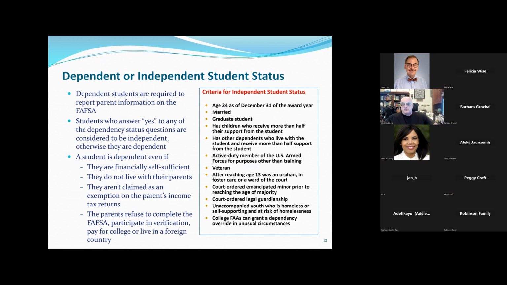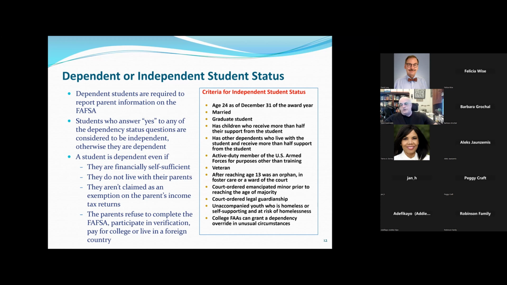Now, you might hear about an old rule that in 1992 and before, a student could be considered independent if they earned at least $4,000 a year and were not claimed on their parents' federal income tax return for 2 years. This was called the Bright Line Test. It was prone to abuse, so Congress repealed it, replacing it with the current set of dependency status questions.